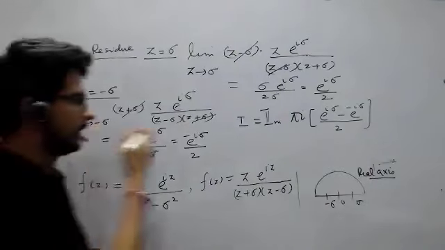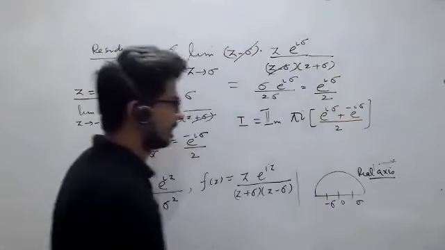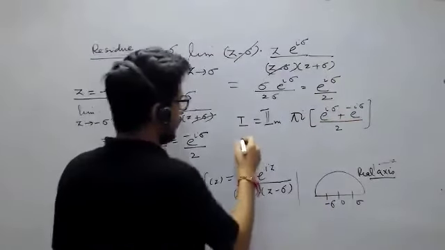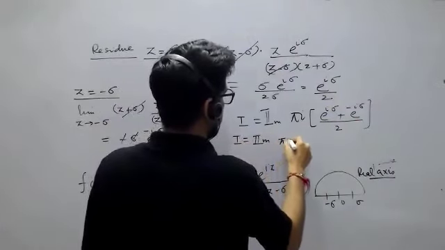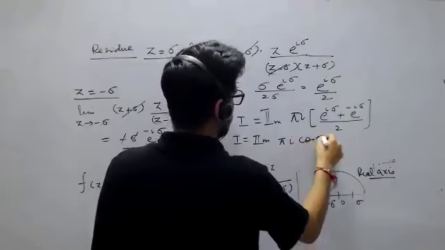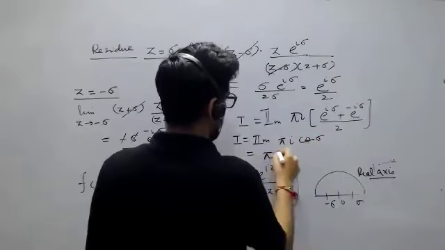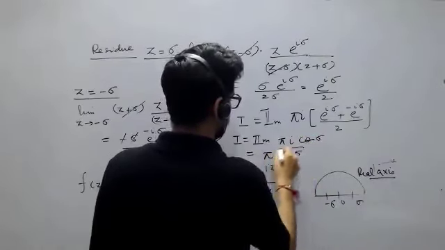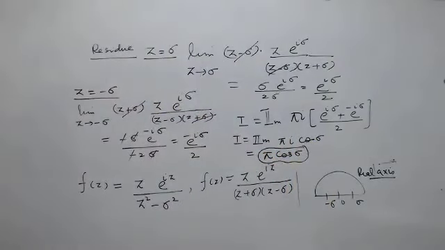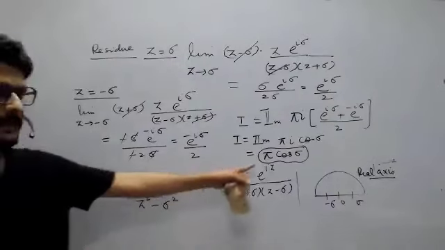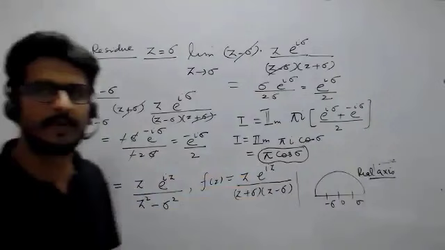Plus will come, no sir? Sorry, plus. So this will become I is equal to imaginary of pi i cos sigma. So the answer will be pi cos sigma. Is that okay? Yes. So cos sigma is the scattering profile.